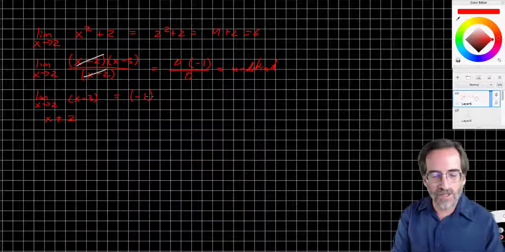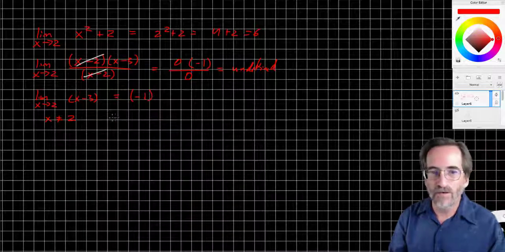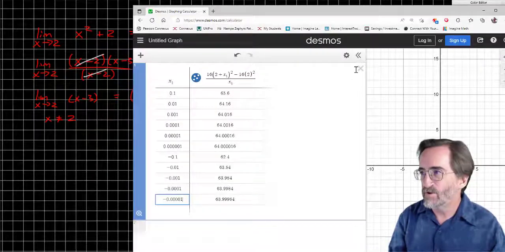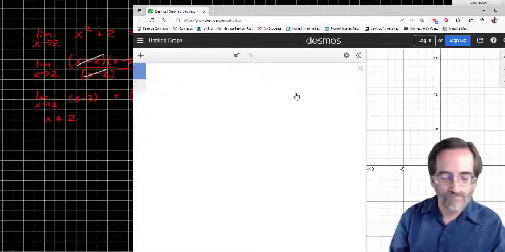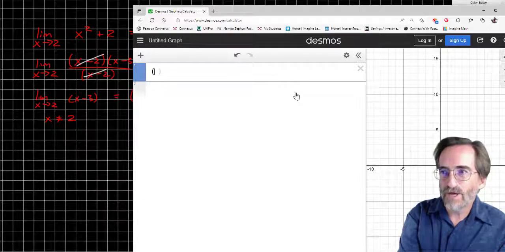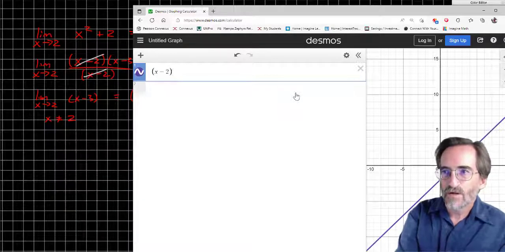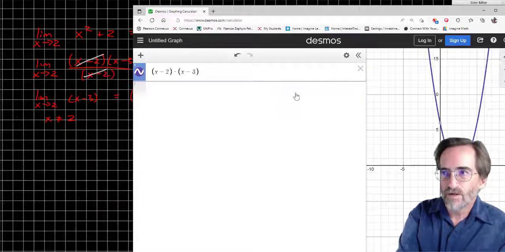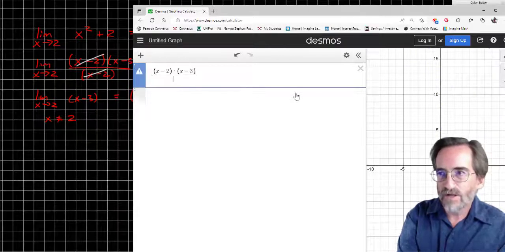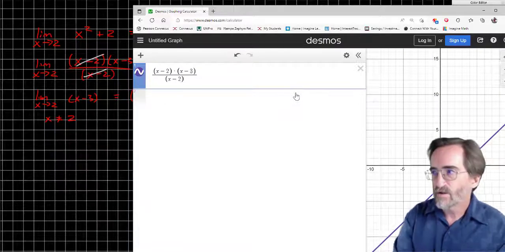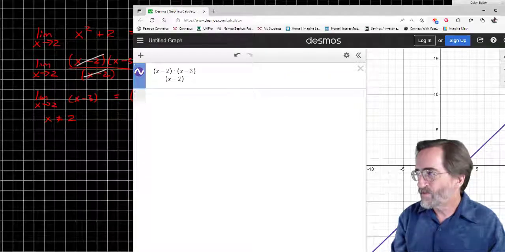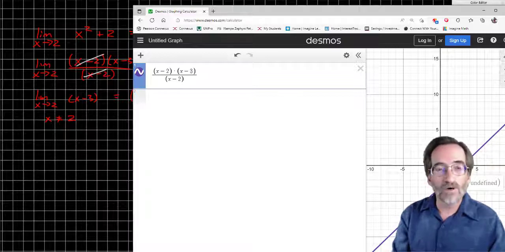Now let's look at that function in Desmos. Okay, and let's do x minus 2, x minus 3, all over x minus 2. And look at what happens at 2. If I get my cursor right at 2, notice right at 2 there's a hole there on the graph.